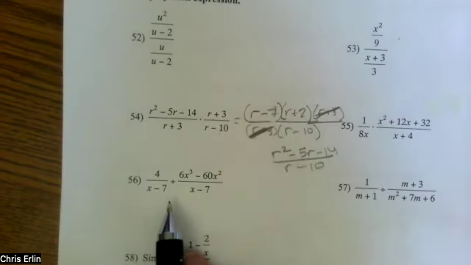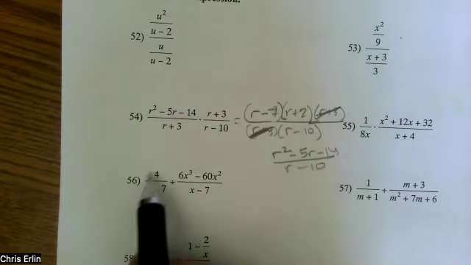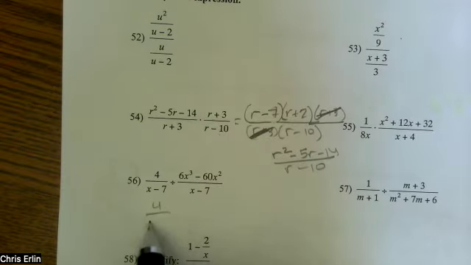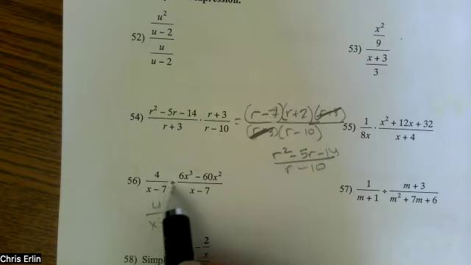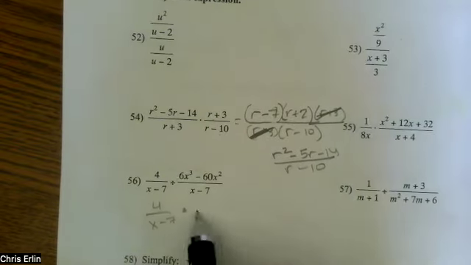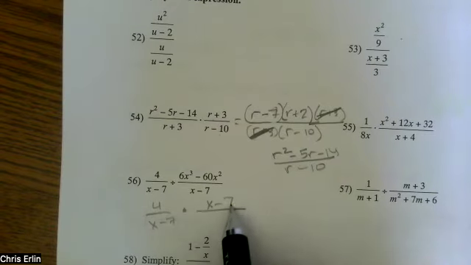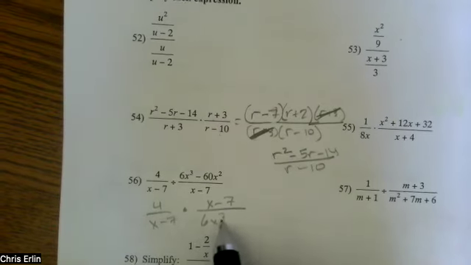What about when you divide by fractions? Multiply by the reciprocal. Keep, change, flip, right? I'm going to keep this fraction alone, 4 over x minus 7, change the sign from division to multiplication, and flip this to be the reciprocal.